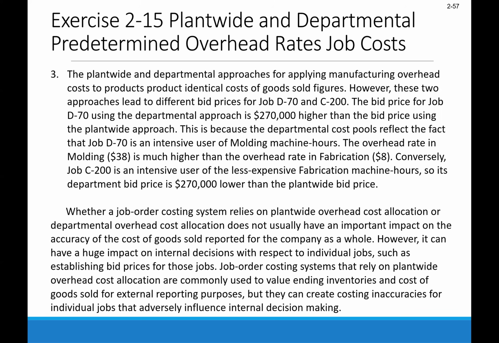This is because the departmental cost pool reflects the fact that job D70 is an intensive user of molding machine hours. The overhead rate in molding was $38, which is a lot higher than the $20, or even the fabrication rate of $8.